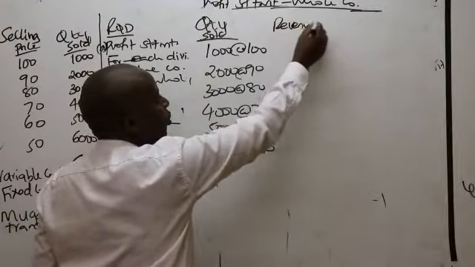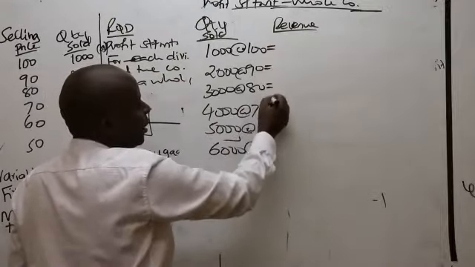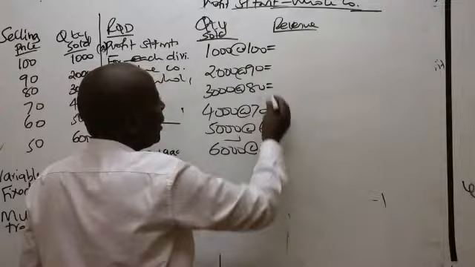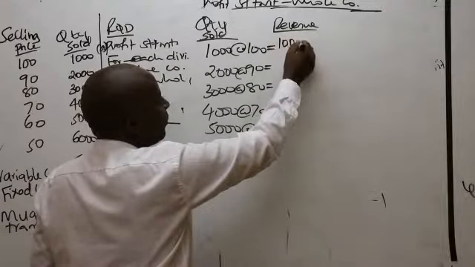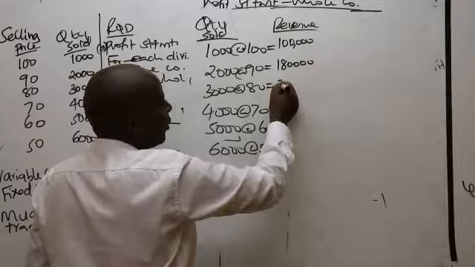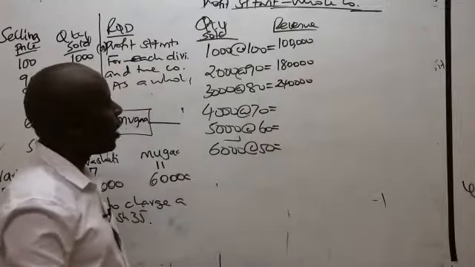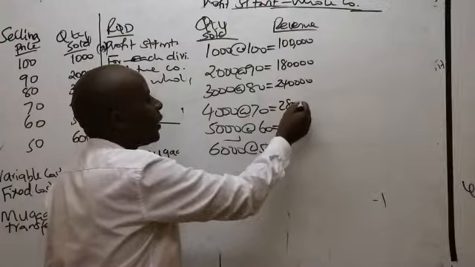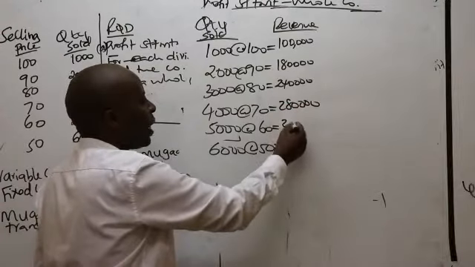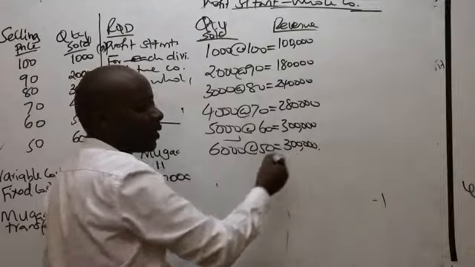The first one will be 100,000, the second 180,000, 240,000, and then 280,000, and 300,000 there. Very good.